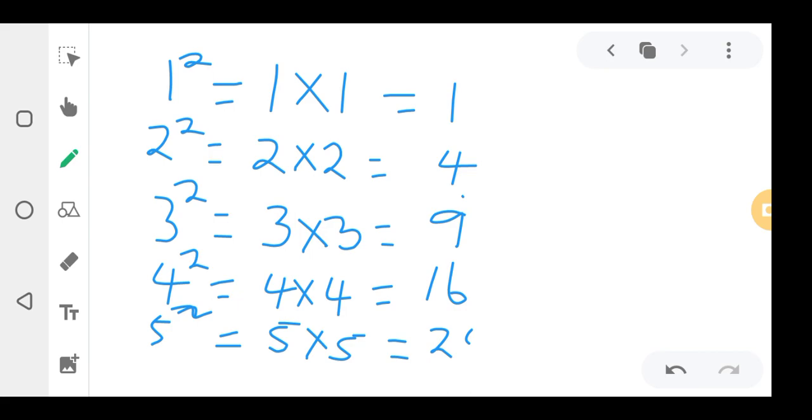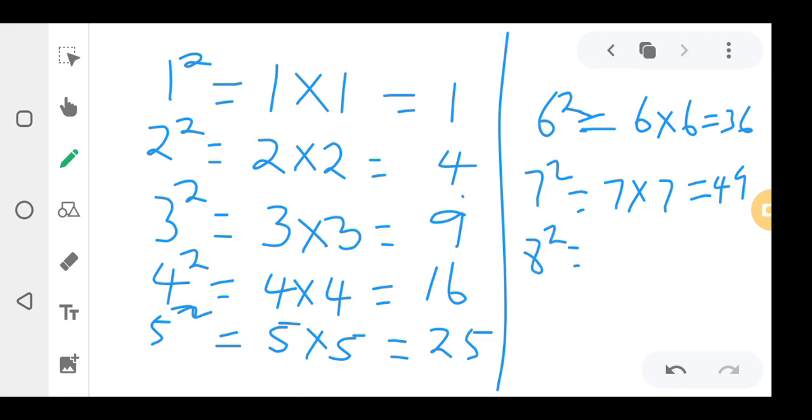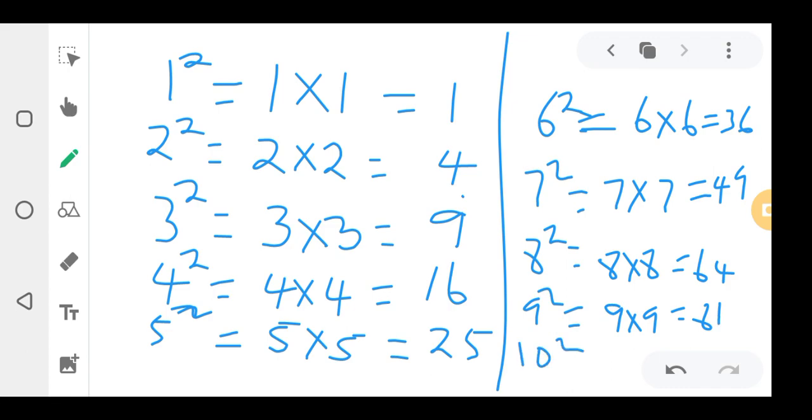So it is 25. 6 squared means 6 times 6, which is 36. 7 squared is 7 times 7, which is 49. 8 squared is 8 times 8, which means 64. 9 squared is 9 times 9, equal to 81. 10 squared is 10 times 10, which is equal to 100.